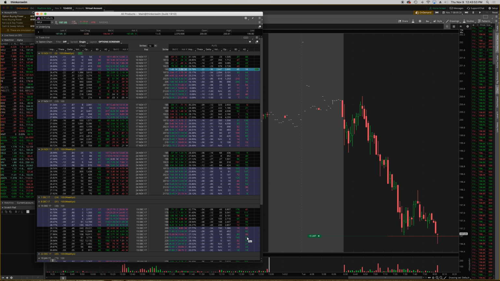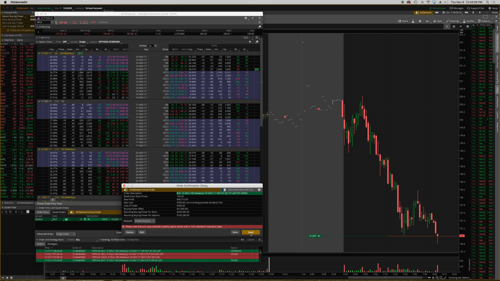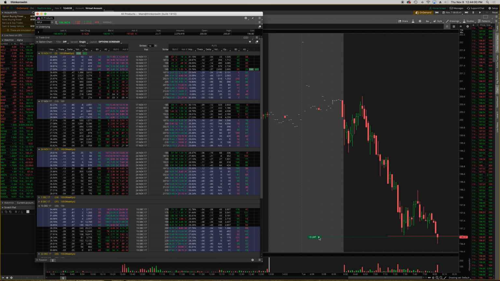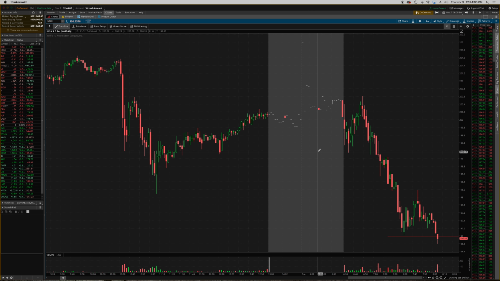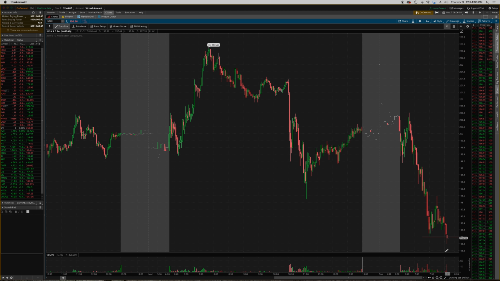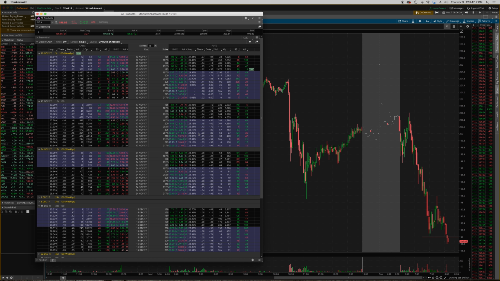So I'm going to be looking, we're getting closer to this 197 level. Kind of just watching here. Some would say this is even forming a bear flag. Bear flag is always upside down.